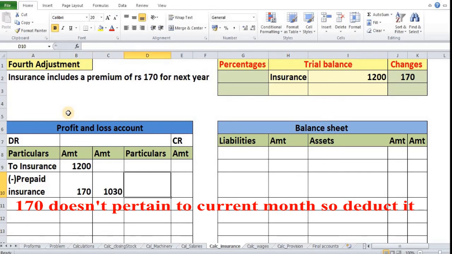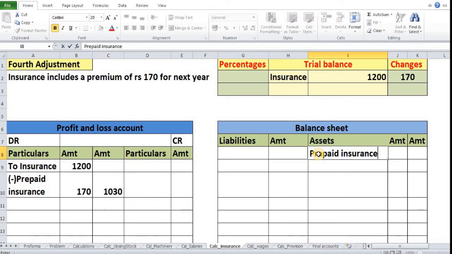We will mention this amount in the outer column. Now on the asset side of the balance sheet, we will mention prepaid insurance and we will mention 170 in the amount column. Since 170 is paid in advance, prepaid insurance is considered an asset because we don't have to pay it in the future.